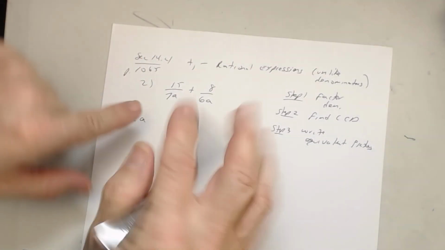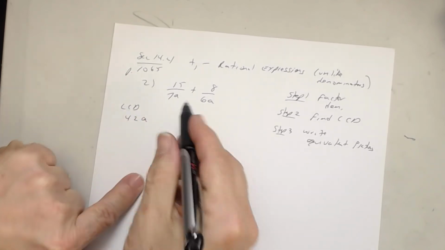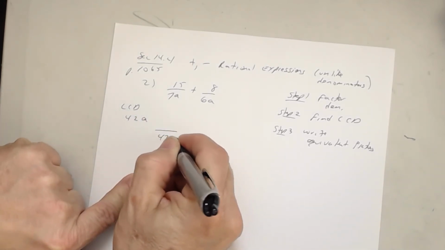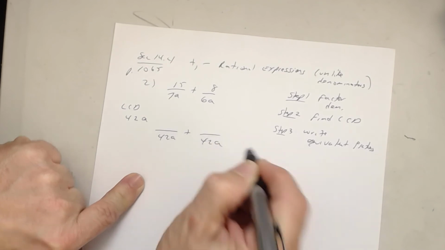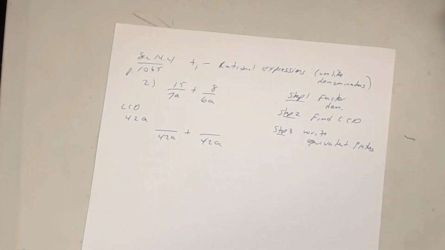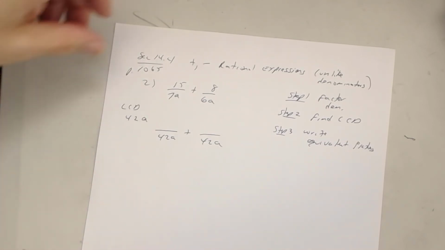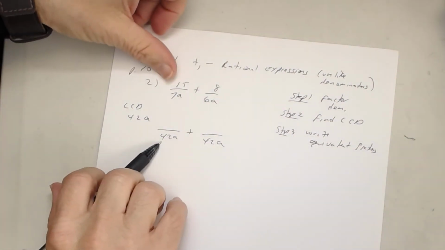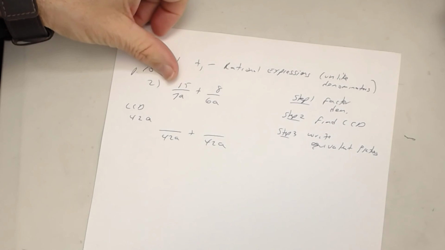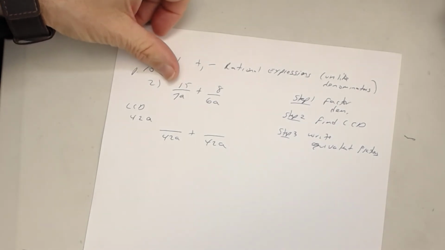So notice, I want these two fractions to have what denominator instead? 42a. So you're going to rewrite this with 42a like this. And now that looks like the one we did at the beginning of class. I have 7a. What do I want? 42a.